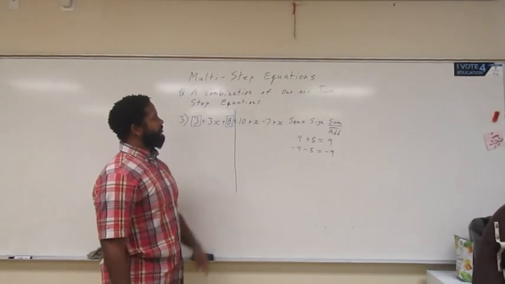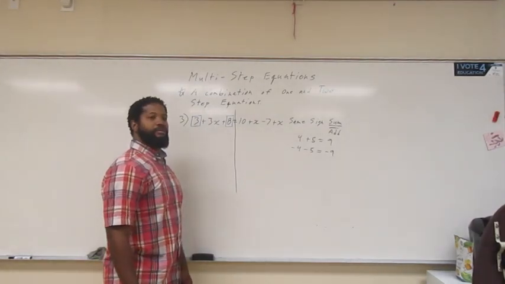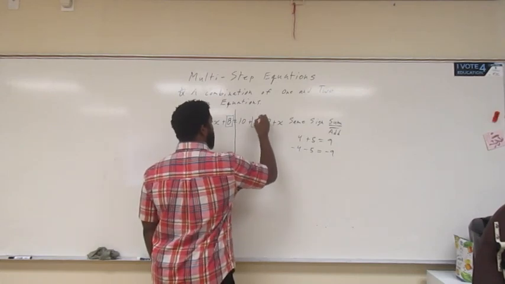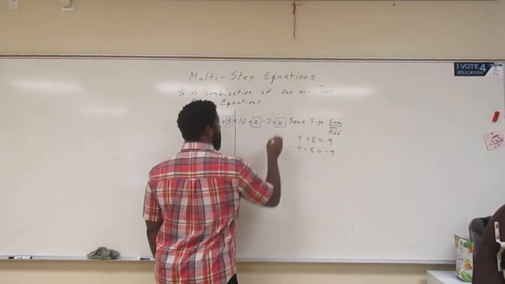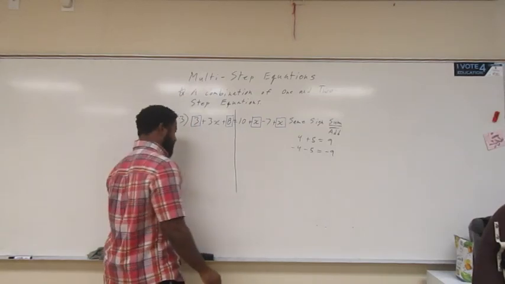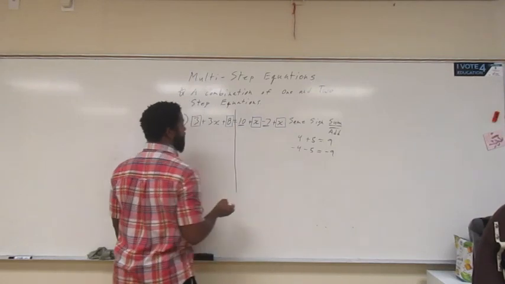Now on this side, what are our two like terms? 1x and 1x. What are the other two like terms? 10 and negative 7, okay?